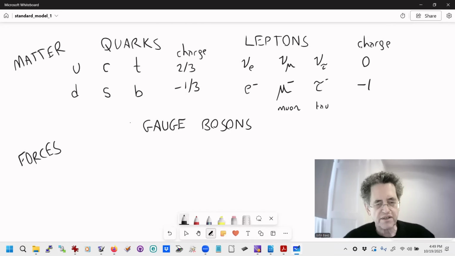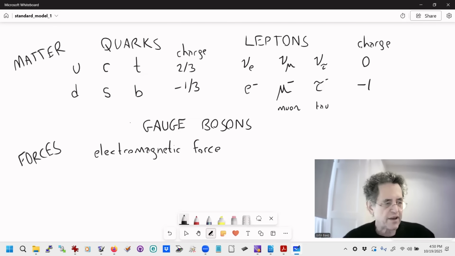And the first force I started talking about is electromagnetism, the electromagnetic force, like how charged particles repel each other. That's due to the electromagnetic force. The electromagnetic force is carried by this gauge boson called the photon, as I mentioned.